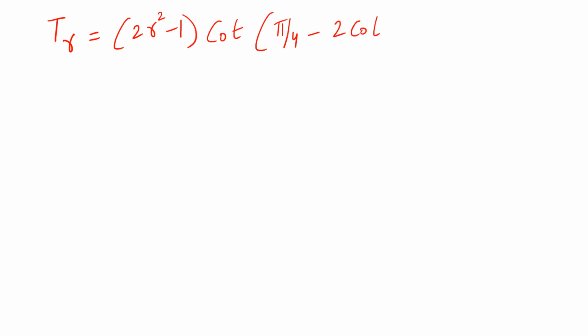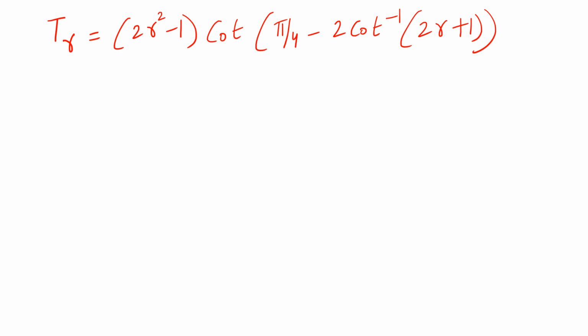Now students, the general term of this sequence, or the rth term, is TR equal to (2R square minus 1) into cot of (pi by 4 minus 2 cot inverse (2R plus 1)).